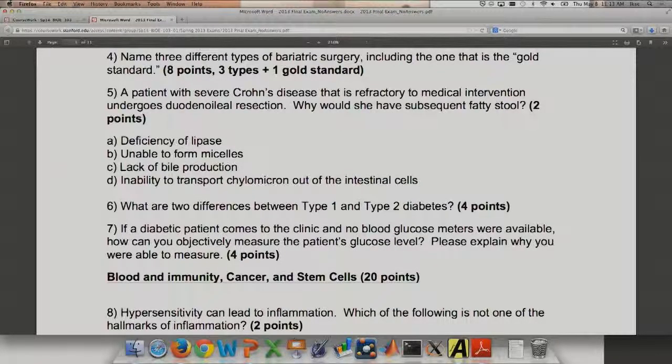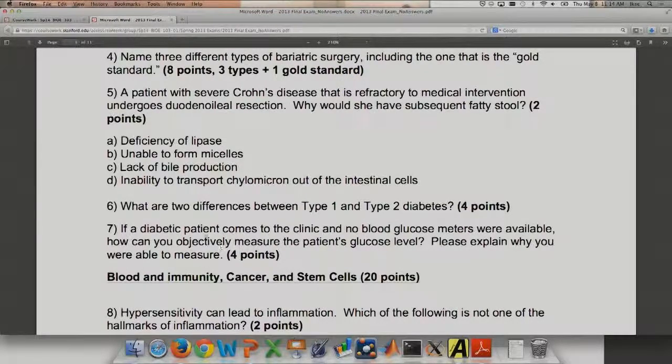Roux-en-Y. Well, I don't know if I'd use the word tummy tuck. Yeah, it's a plastic surgery kind of thing, I think. Duodenal switch, right? So we got gastric band, gastric bypass, duodenal switch, and then Roux-en-Y. Which one of these is the gold standard? Roux-en-Y. There you go. So it's going to be very straightforward questions like this, where the answers are direct and not confusing.